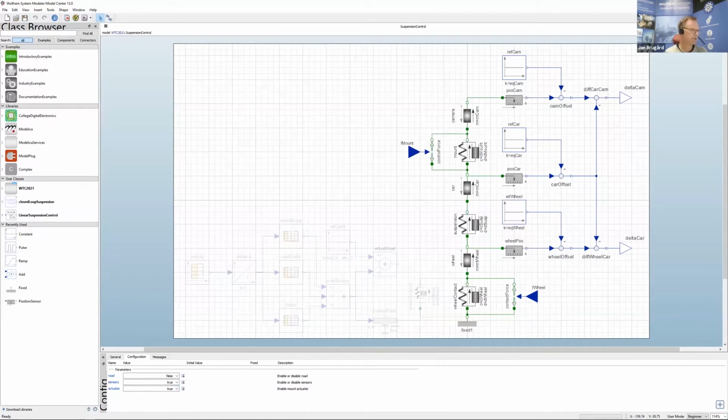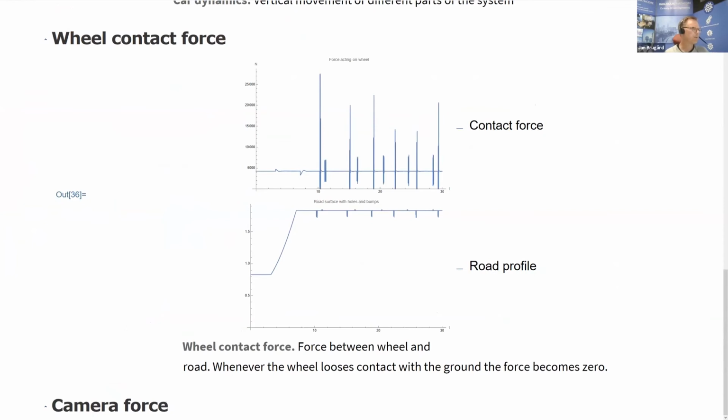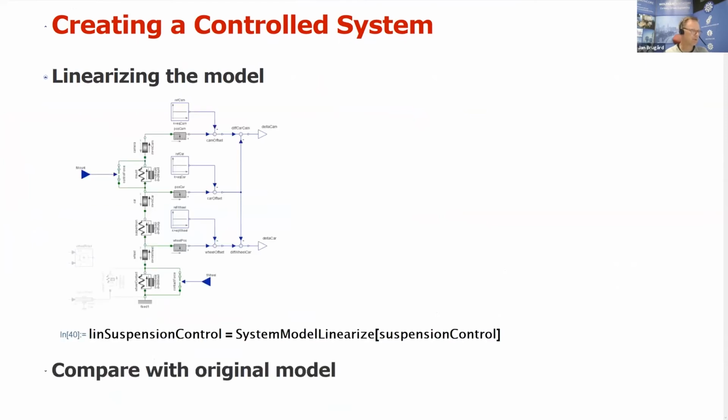Going back to my presentation, and here we have the same plots that I just showed, but in the notebook. Now, the first thing you want to do is to linearize the model, and that's done with a function called SystemModelLinearize. And we have the model here that I'm working with called SuspensionControl.